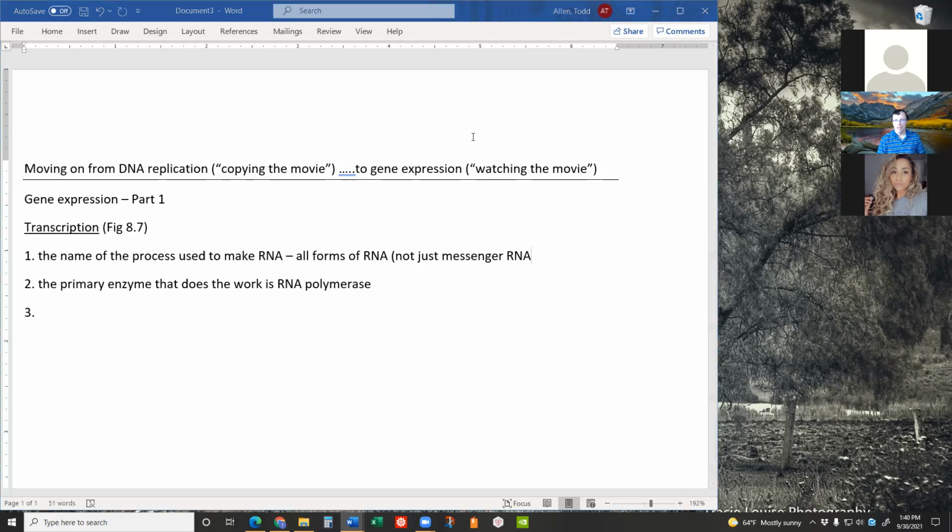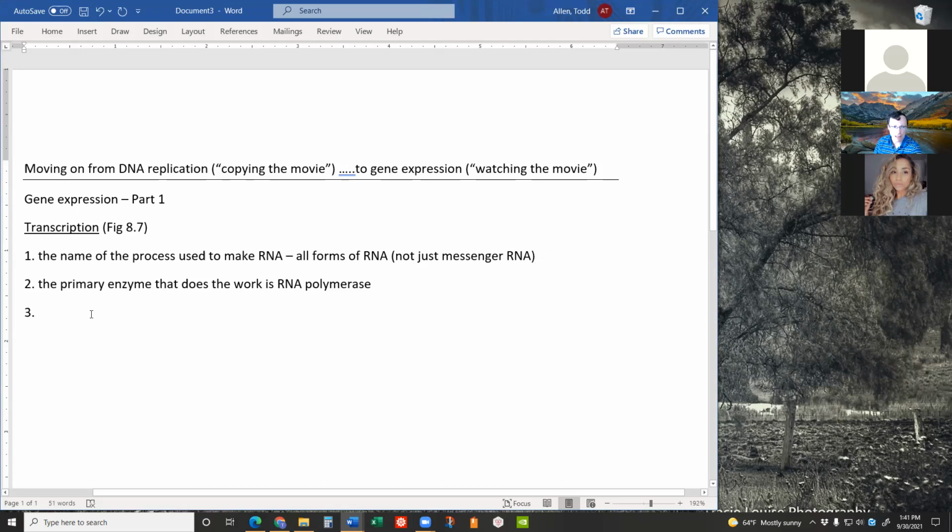If the phrase messenger RNA is strange to you, just give me a couple minutes and I'll clear that up for you. But whenever a cell makes RNA, whether it's transfer RNA, messenger RNA, ribosomal RNA, or other forms of RNA that are not even in your textbook, that process of making that type of RNA is transcription.